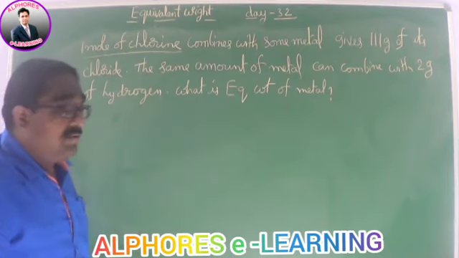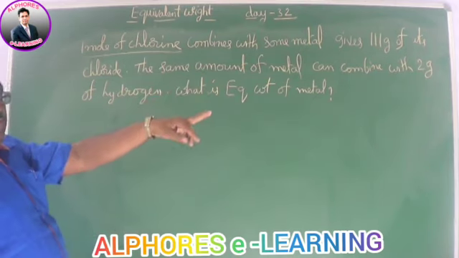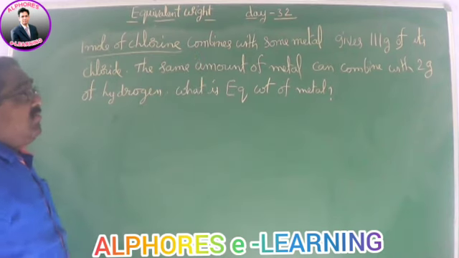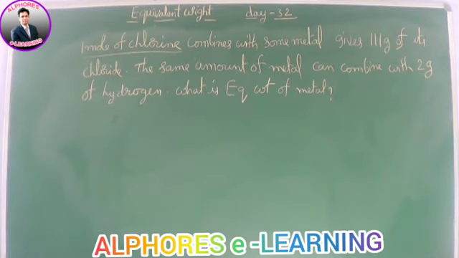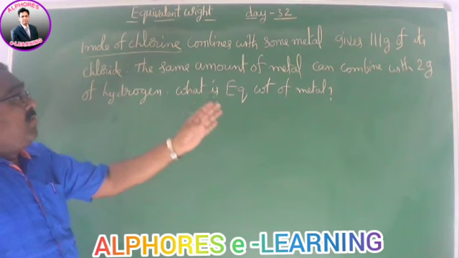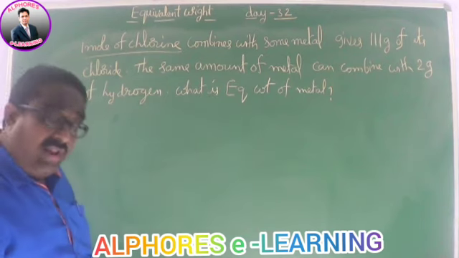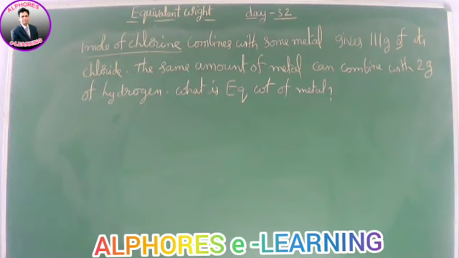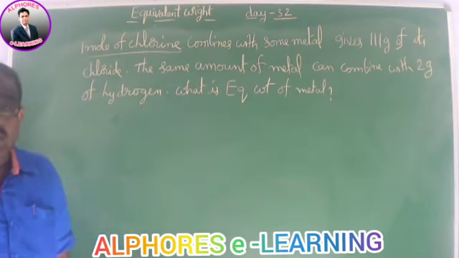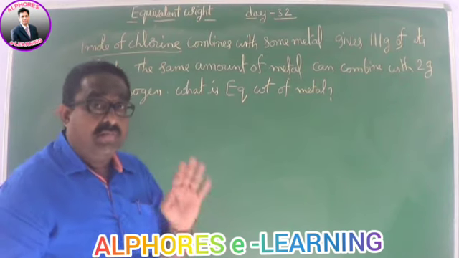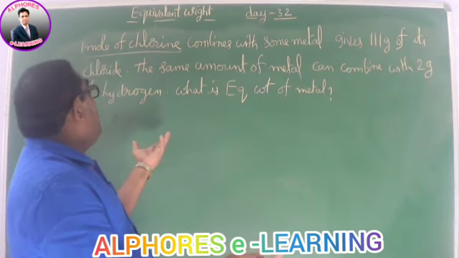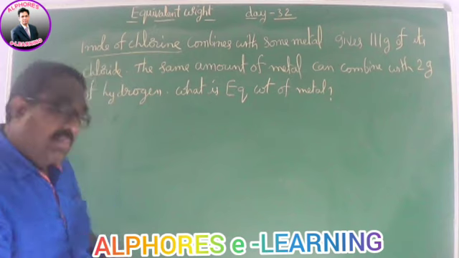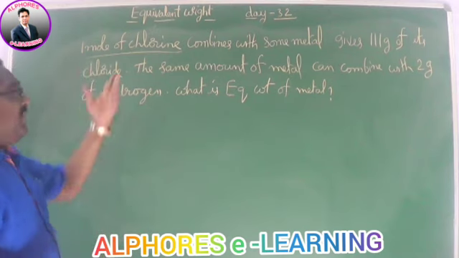What is the metal also we don't know. Gives 111 grams of its chloride. The same amount of metal can combine with 2 grams of hydrogen. Now, we have to calculate the equivalent weight of that metal, which exactly we don't know what it is, but we can calculate based on the given data.